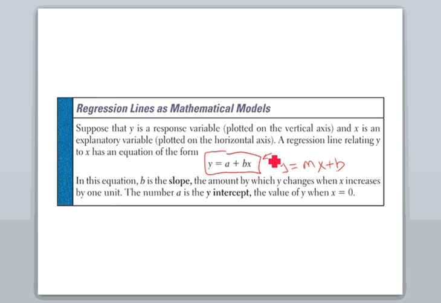We have to use this. Do not use our old slope-intercept version of it. Now, some of the letters still have the same definitions. This is our slope. We use b instead of m, and that's our y-intercept. So it's still the same concept. It's just a different order in how they are written.